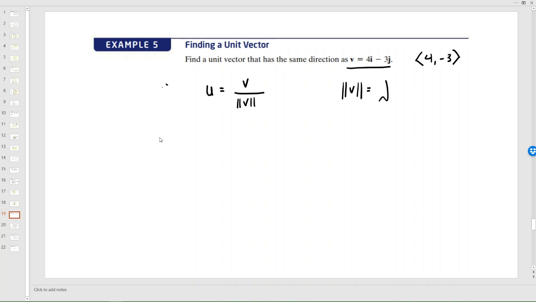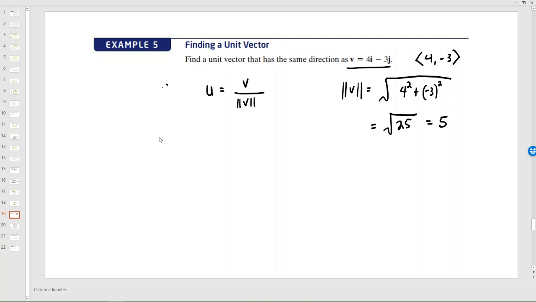That's just going to be the square root of the sum of its component parts, so 4 squared plus negative 3 squared. Okay, so that's going to be equal to square root of 25, which is handy. It's a perfect square of 5. All right, so we've got the magnitude of v. It's 5.